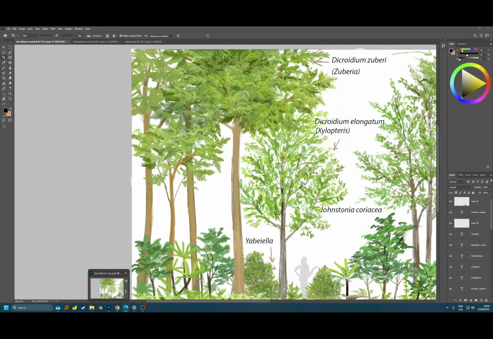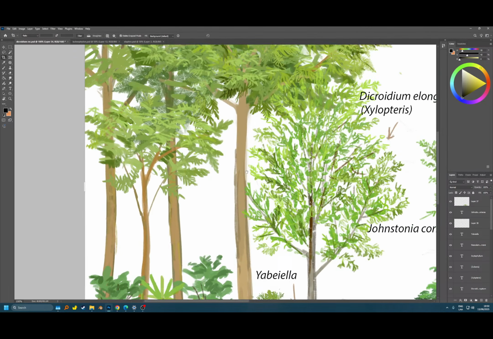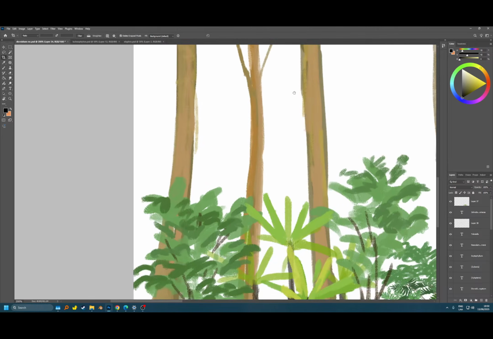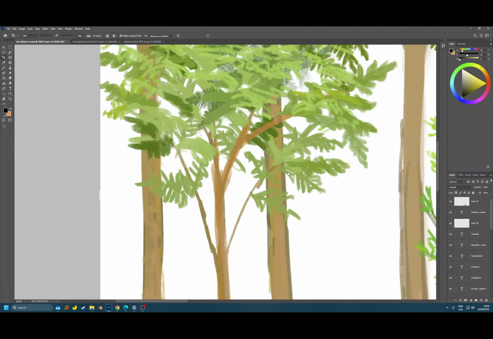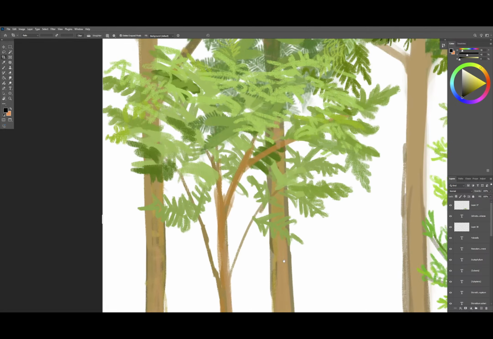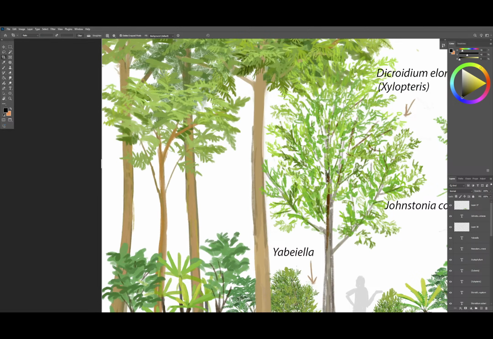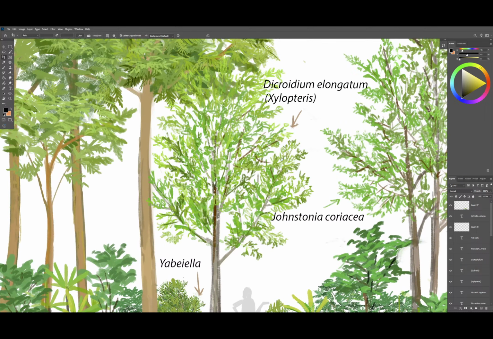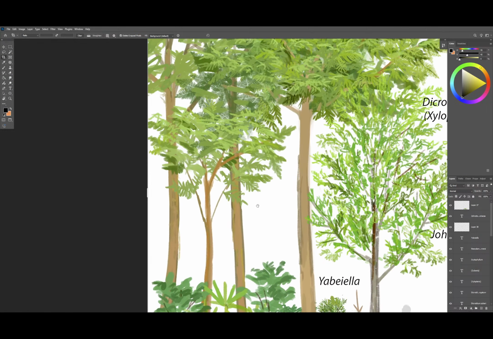That's why I argue that the 35 centimeters of diameter trunk could be better reconstructed as a branched tree, because the other Corystosperms are clearly branched, like Johnstonia, Dicrodium elongatum, like those.